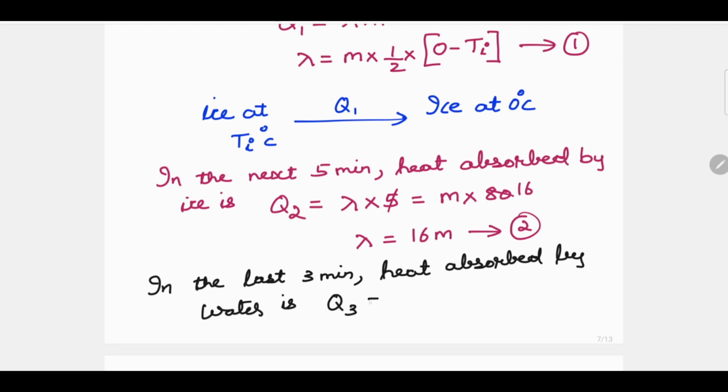Q3 equals 3 lambda, which is equal to, again we have to use the concept of m s delta T. So m into specific heat of water, which is 1, into delta T. Delta T is final temperature minus 0 degrees Celsius, that is the initial temperature.